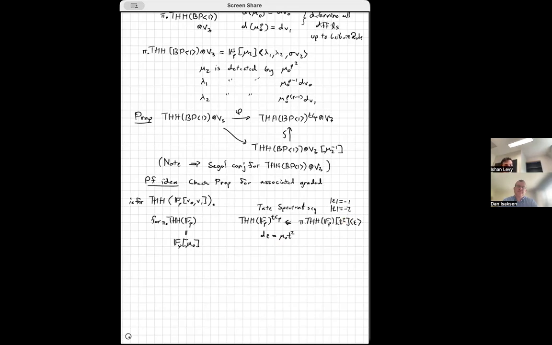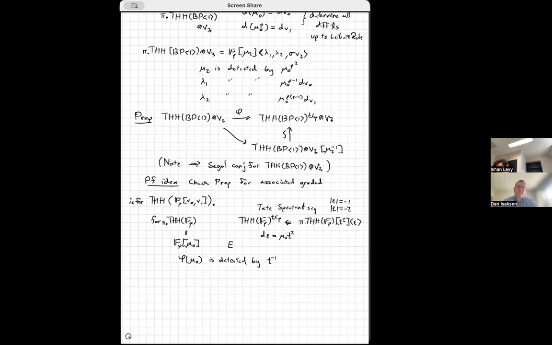So that's really the only differential in the spectral sequence up to the Leibniz rule. And the Frobenius of this mu0 is detected by t inverse.